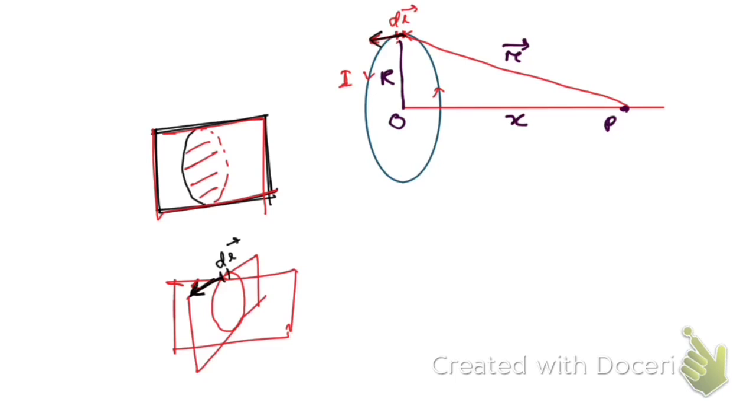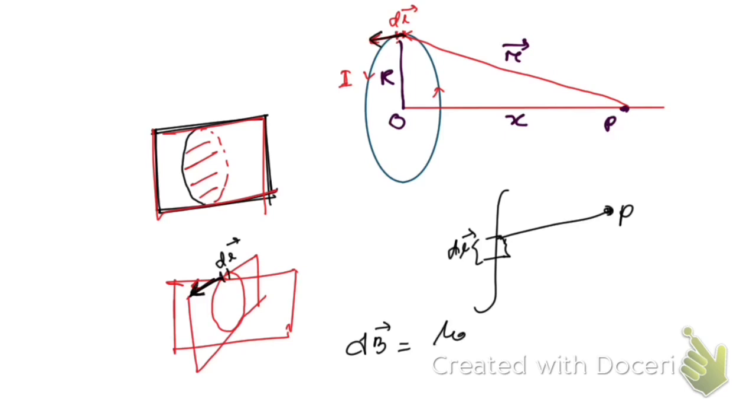Now we know that according to the Biot-Savart law, this is a conductor and this is a very small element dl, and suppose we need to find the magnetic field at a point P due to this element. That is given by dB is equal to, in vector form, mu naught by 4 pi I dl cross r vector by r cube.